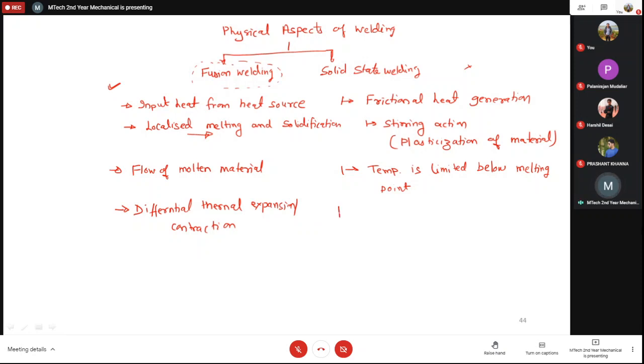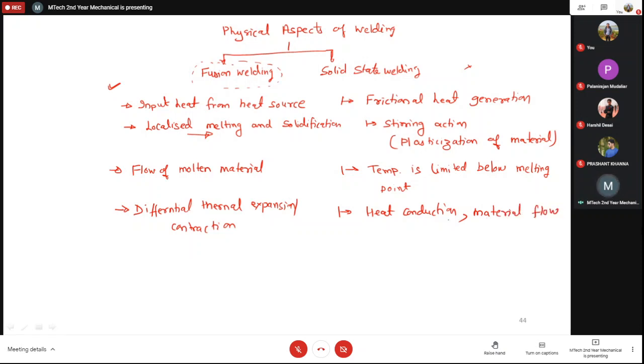Here we don't have that highly localized thing, but there is also a little bit of thermal expansion and contraction happening. Okay, because we have heat conduction from the area of the welding into the workpiece surface towards the boundary, and also we have the flow of plasticized material over each other.